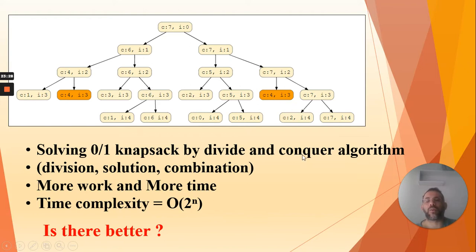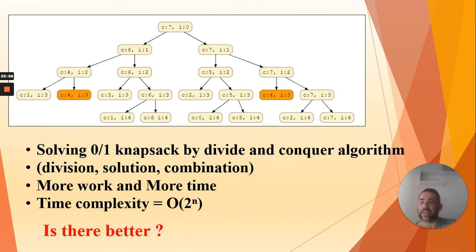In divide and conquer, it will solve this sub-problem and then solve the same sub-problem again. That means more work and more time. So the time complexity of divide and conquer will be exponential. That means it's too much to solve the 0-1 knapsack problem.